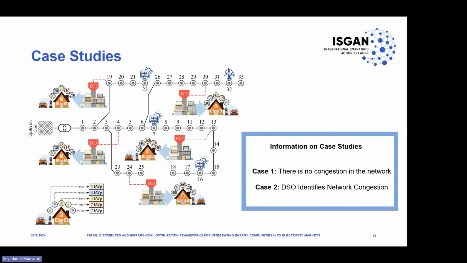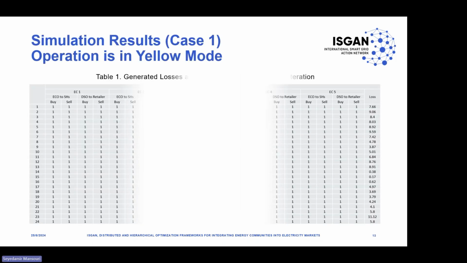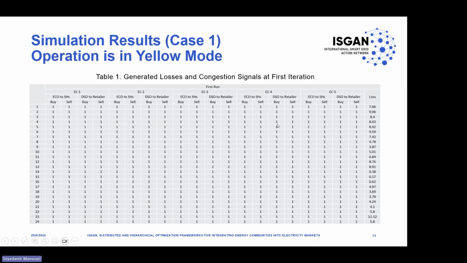And we had 2 case studies for this model. The first one without finding any congestion, and in the second one, the DSO identifies network congestion. As you can see, here are the controlling parameters of our algorithm. When these numbers are 1, there are no limitations, and all network branches can use 100% of their capacity.